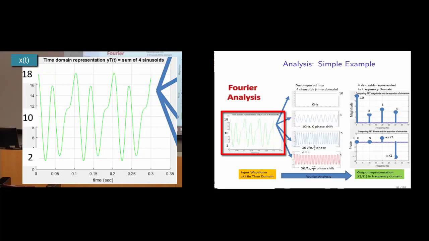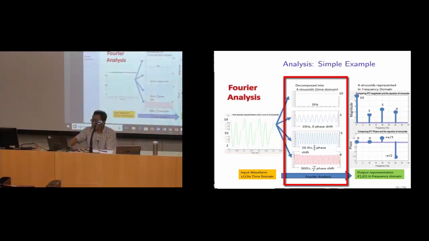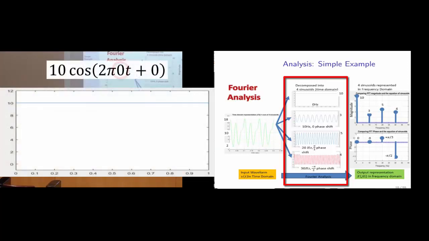And here it shows that the figure has a DC offset at 10, and it will go to the bottom at 2 and go to the top at 18. It looks periodic, and we use the Fourier analysis to analyze, and we saw that there were 4 different components. We plot these components now.